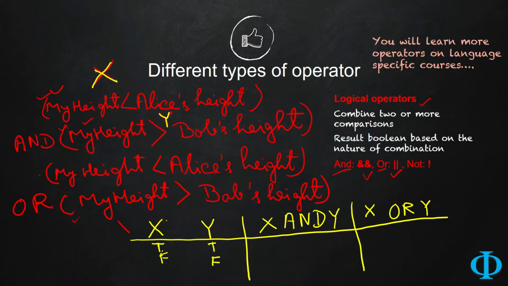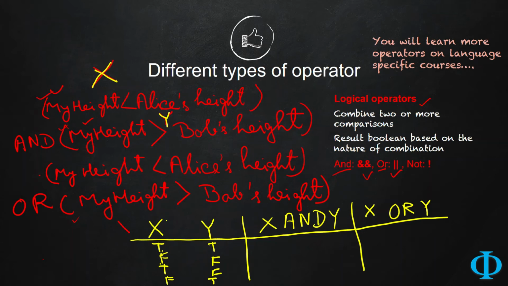So all the different combinations of X and Y are: X is true and Y is true, X is false and Y is false, X is true and Y is false, and X is false and Y is true. These four are the different combinations.